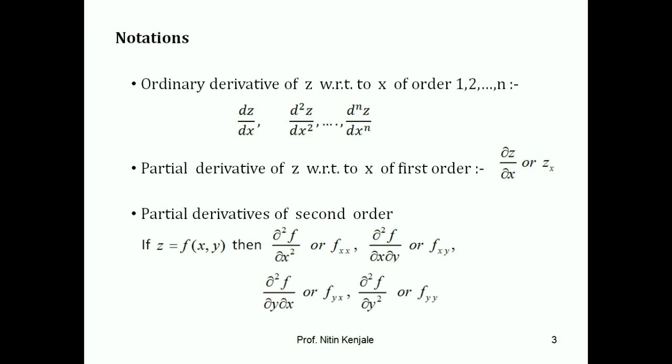Similarly, if del f by del y is partially differentiated with respect to x, it is denoted by del 2f by del y del x or simply fyx. Similarly, if del f by del y is redifferentiated with respect to y, it is denoted by del 2f by del y square or fyy.